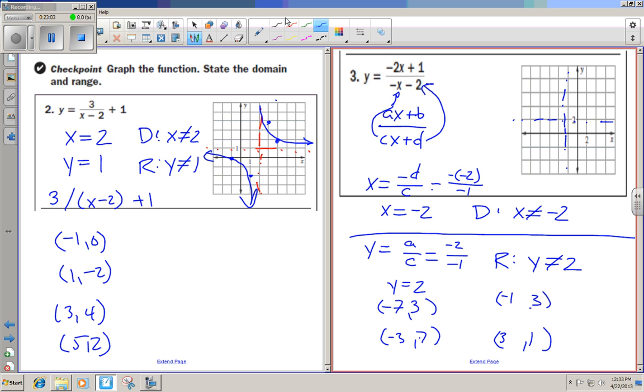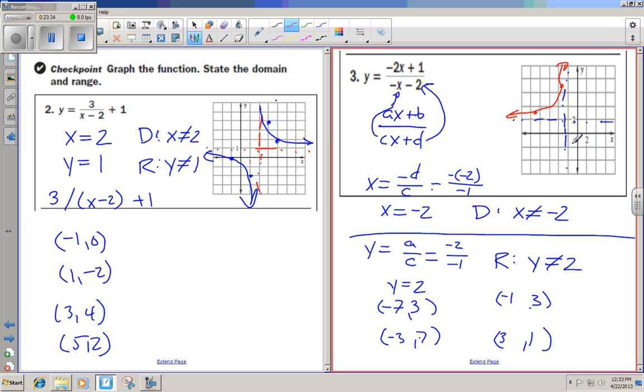So when you plot these points, negative 7, 3, negative 3, 7, and now you have a hyperbola.